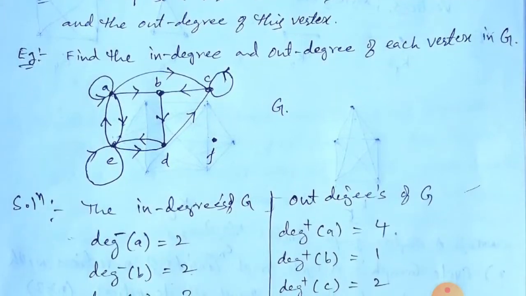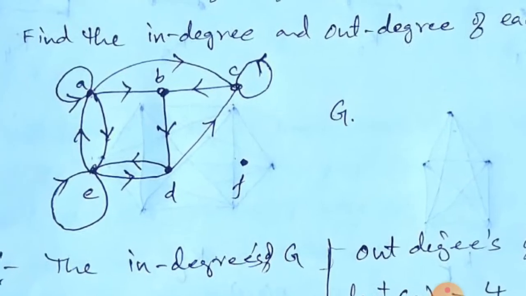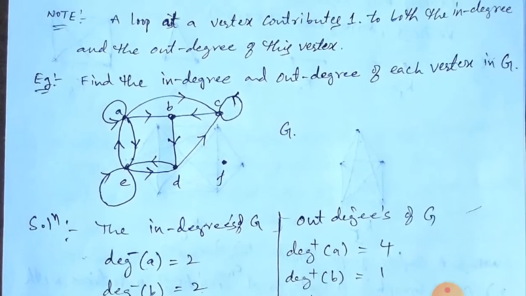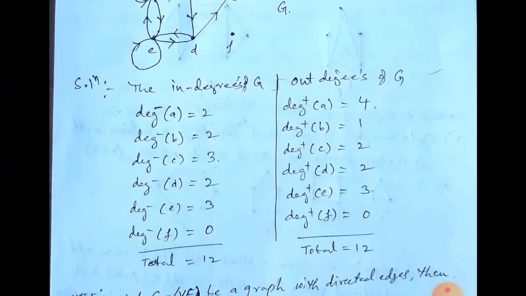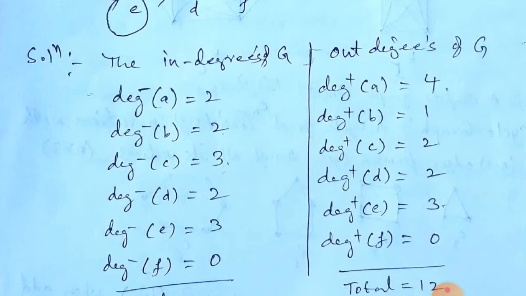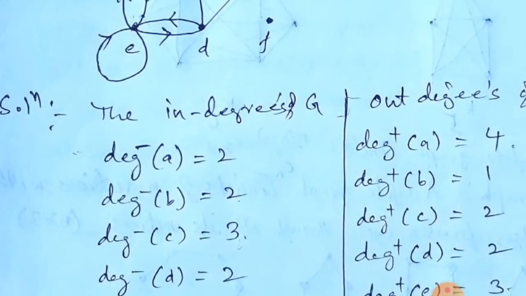Now we will find the in degree and out degree of each vertex in the graph G. Observe, this is the graph G. Now observe, degree minus of A, that means we are calculating in degrees; the in degree of vertex A is 2. How?